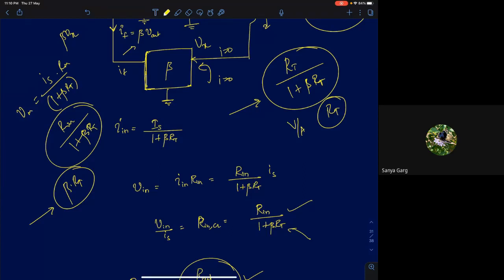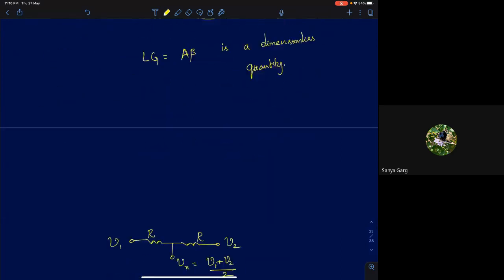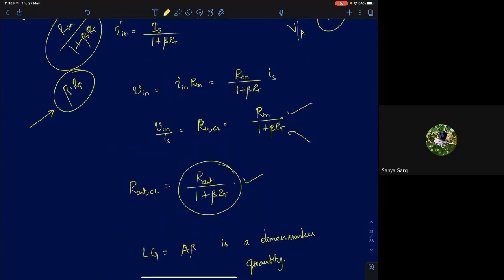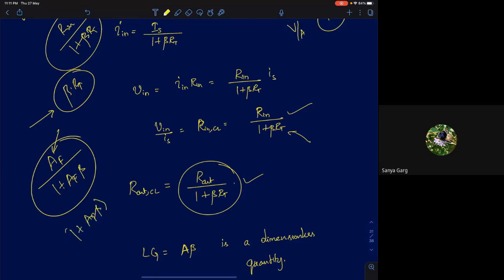So finally, to summarize, in all negative feedback amplifiers, the forward transfer function AF, the forward path gain, reduces by a factor of 1 plus AF into beta. It reduces uniformly for different amplifier models. But the input and output impedances, depending on the amplifier configuration, either reduce by a factor of 1 plus AF beta or increase by a factor of 1 plus A beta.